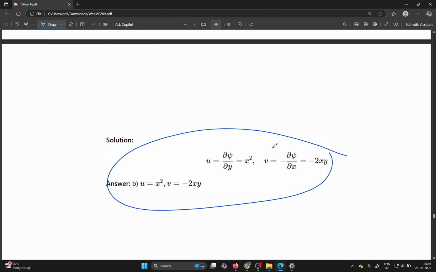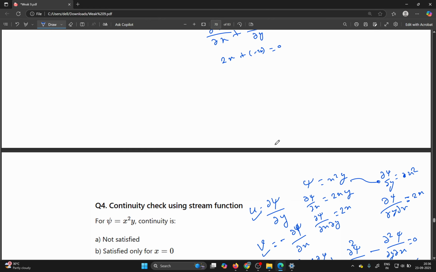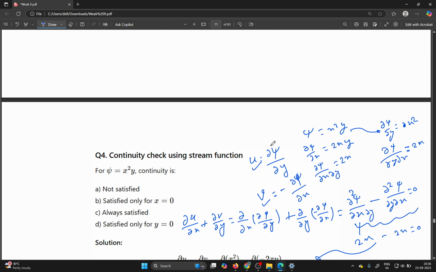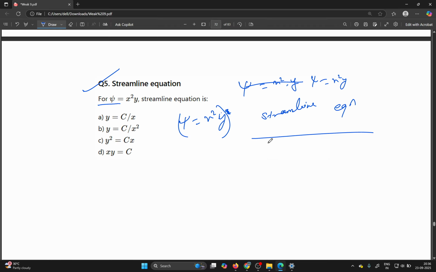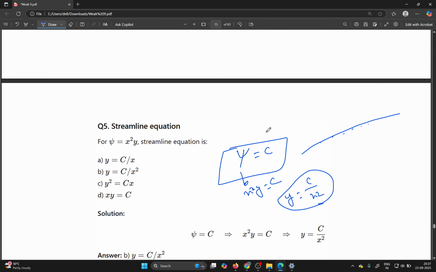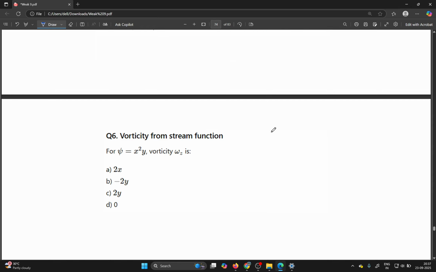So okay, we have covered these things. Questions 4 and 5 we have covered. Now let us move on to question number 6. Here, you need to calculate the vorticity of the stream function. For psi equal to x square y, you need to calculate the vorticity wz.